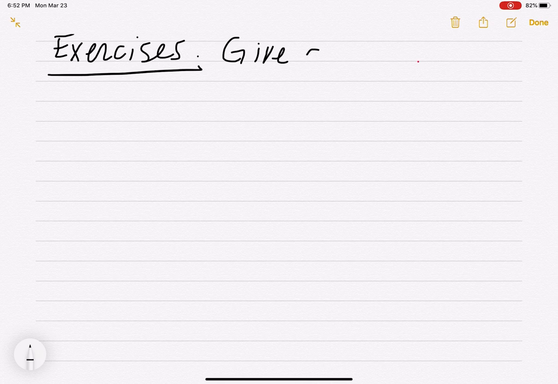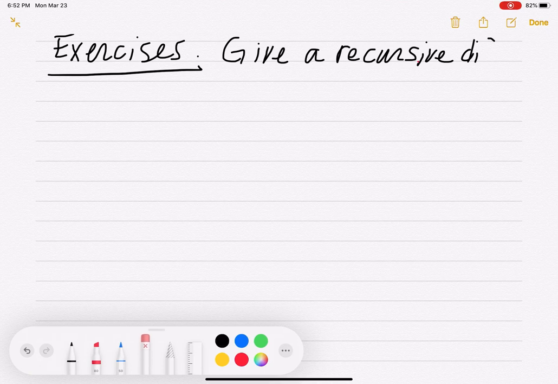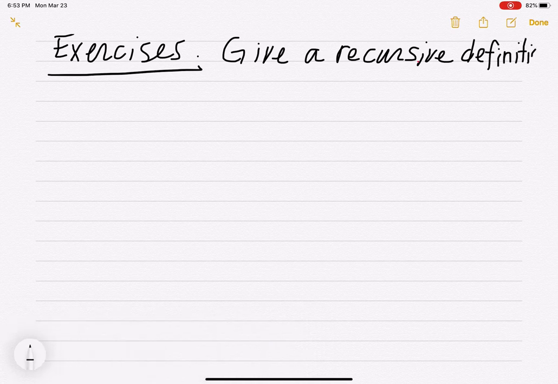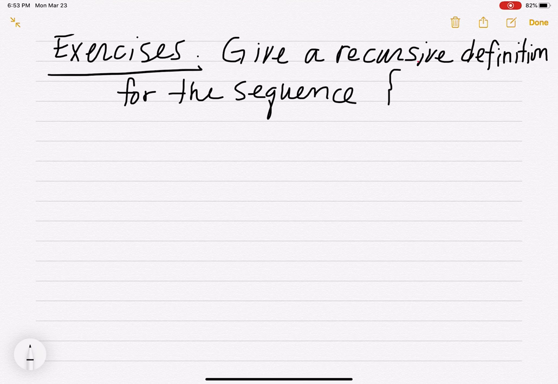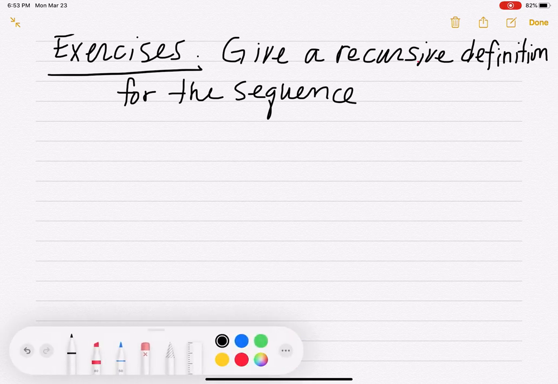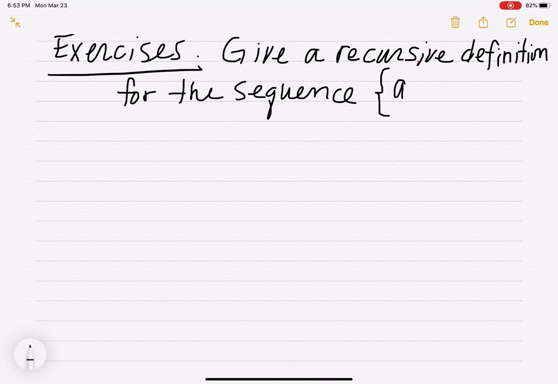Give a recursive definition for the sequence a sub n, for n greater than or equal to 1.